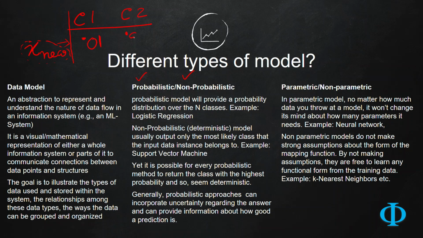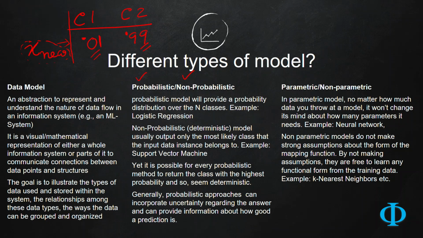That will be 0.99, something like this. So basically it is outputting some probability term like 0.01 or 0.99, which gives the chance of that data point to be in that corresponding class.